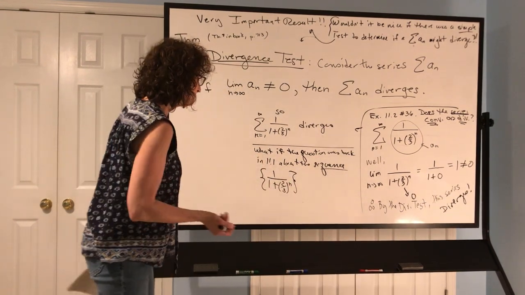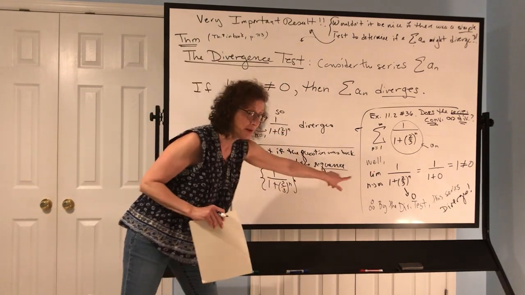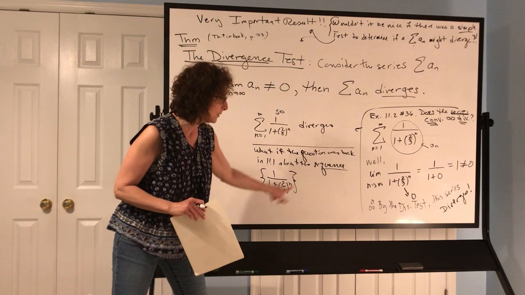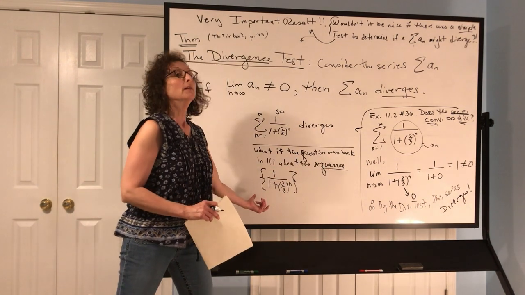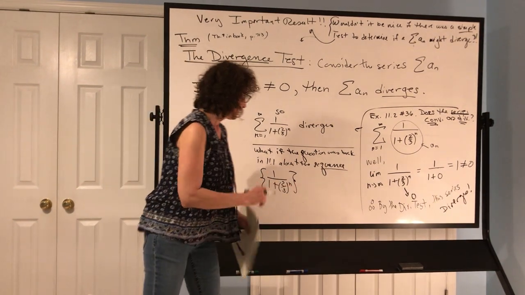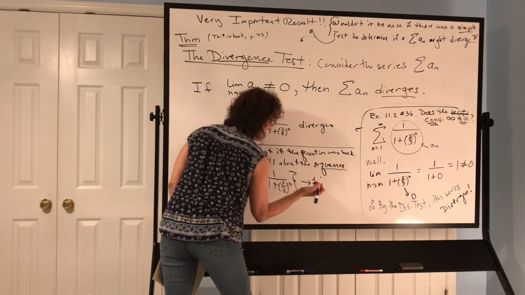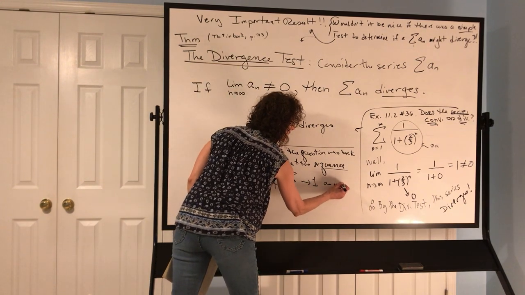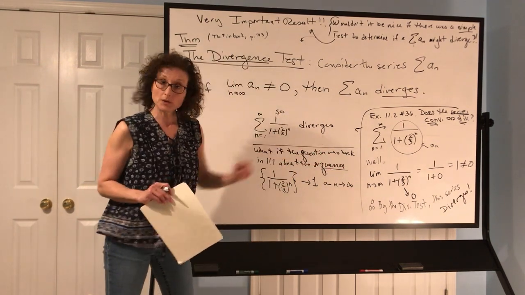We would take that same limit to determine if the sequence converges, and we got 1 for that limit. So does this sequence converge? Yes, indeed it does. The sequence converges to 1 as n goes to infinity, because that limit goes to 1.